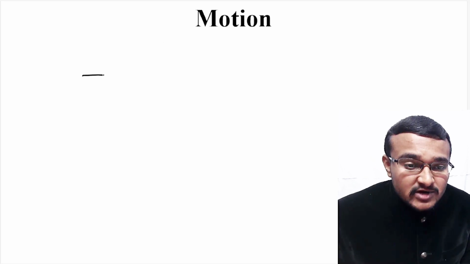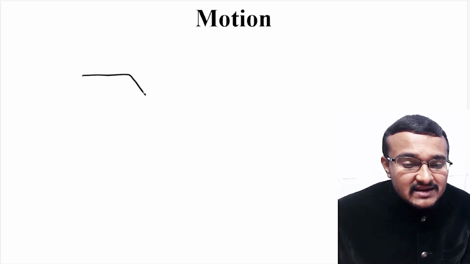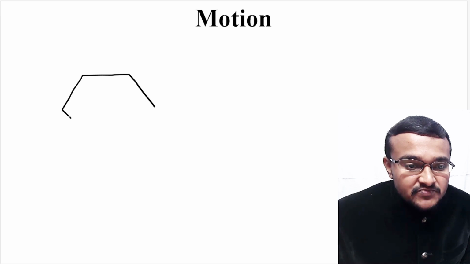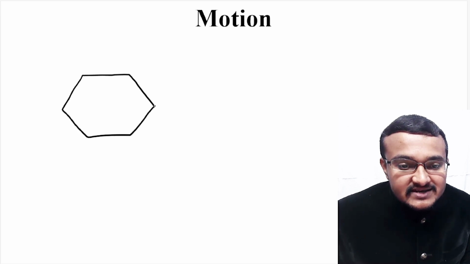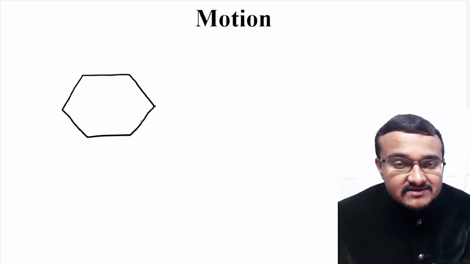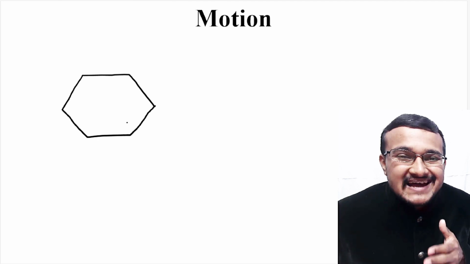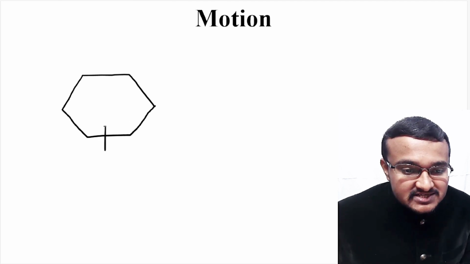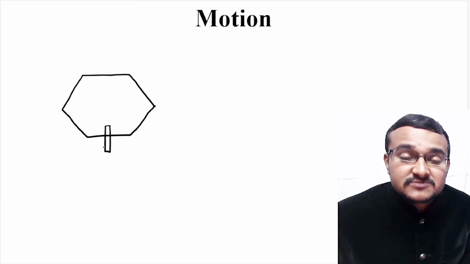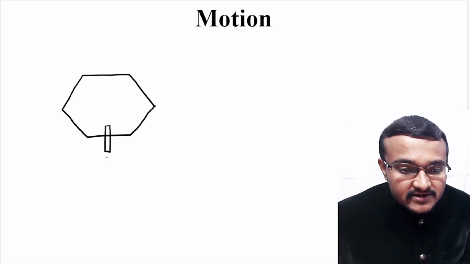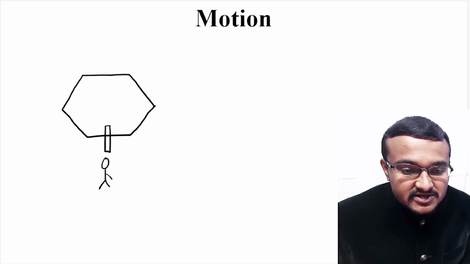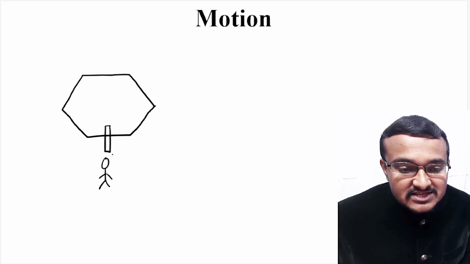We will consider one more example where let's say the path is in hexagonal shape. Let us assume this is a running track. This track is in hexagonal shape, and let's assume the starting and ending point are at this position. If the athlete starts running from this position, here he has to run straight and then change his direction at this position.